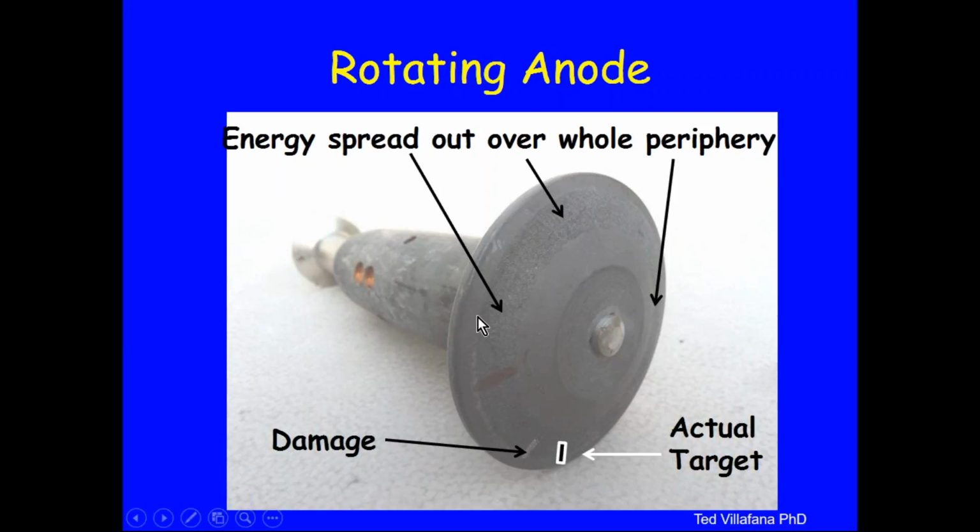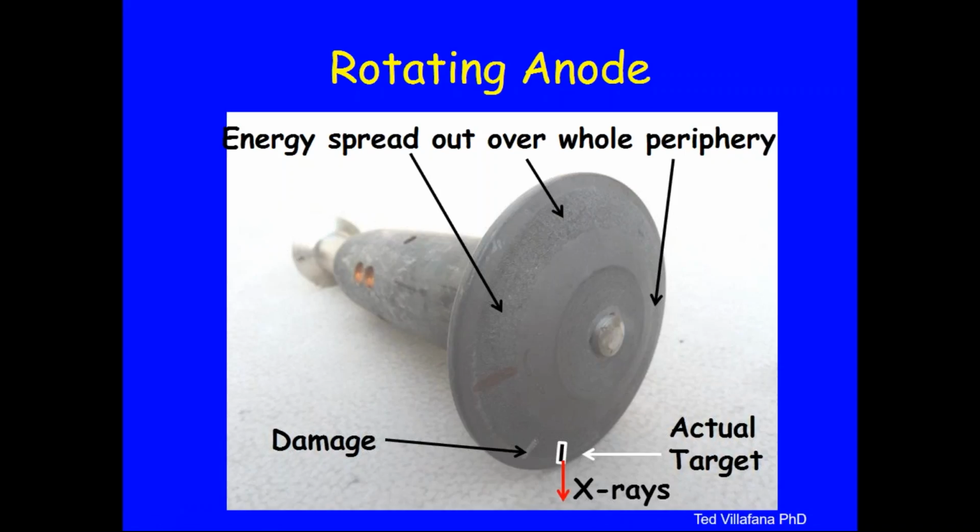I wouldn't be surprised if the reason you're looking at this is that you had a tube that imploded or got damaged, and they just salvaged this rotating anode from that damaged tube. That damage could have very well been as small as this.